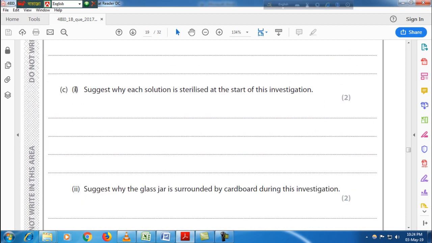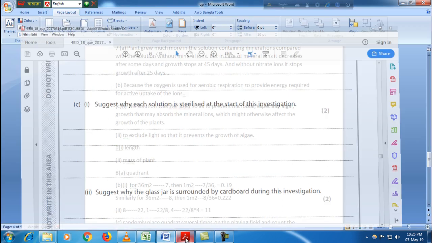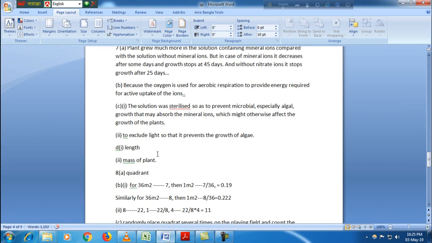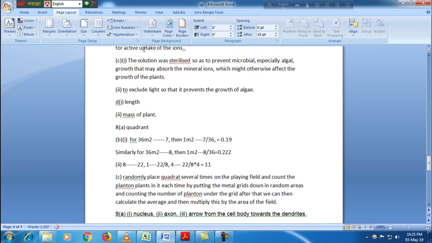Now let's go to the next question, 7C1. Suggest why each solution is sterilized at the start of this investigation. So the answer is, the solution was sterilized so as to prevent microbial, especially algal growth.